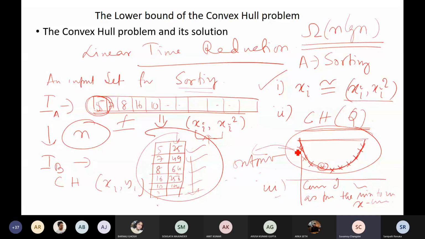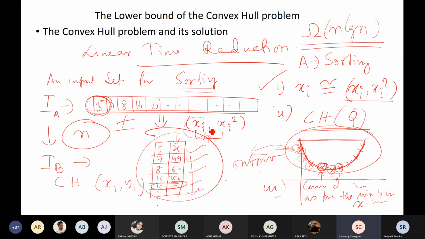Then what will you get? If this is the minimum x coordinate, I will get this one first, this is second, third, fourth, fifth, like this. So for this example, 5, this point will come first, then this one, then 10, 100 will come here, and all these are as per the x coordinate. What is the y coordinate?